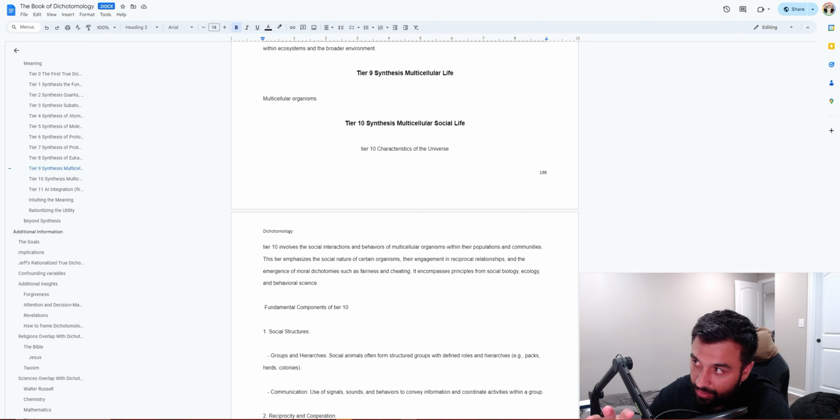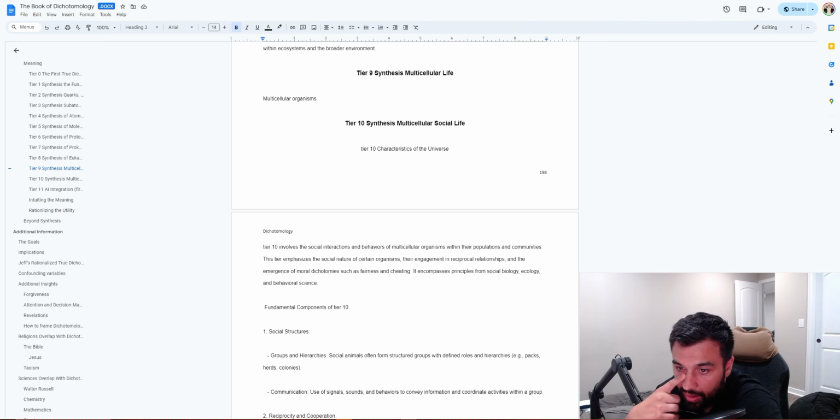It can't have specializations in particular fields of study. So it cannot possibly, multicellular life on its own without it being a social life and obviously having some physical ability to manipulate the world and all the perceptions we have. But if it doesn't have social life, then it cannot possibly reach the next tier.